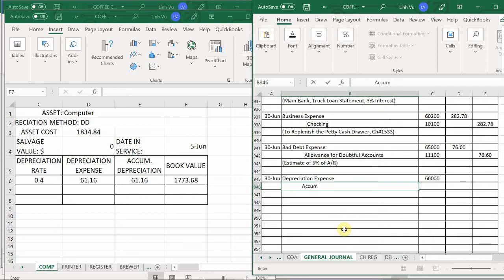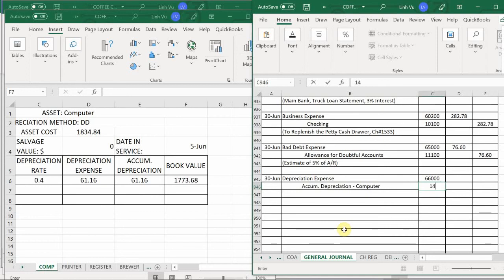1411, accumulated depreciation computer. The computer is 61. Oh, you need the account? I don't think it starts with 11.